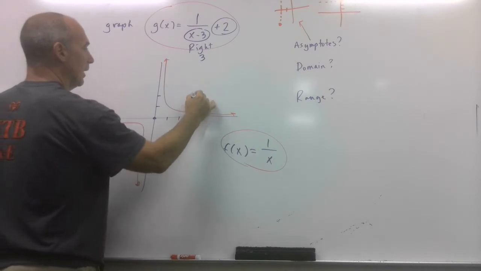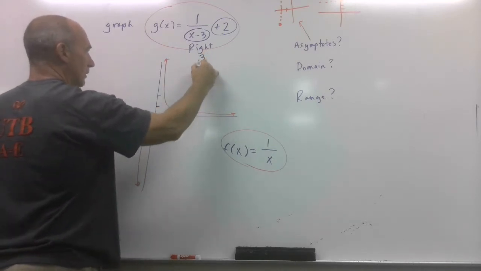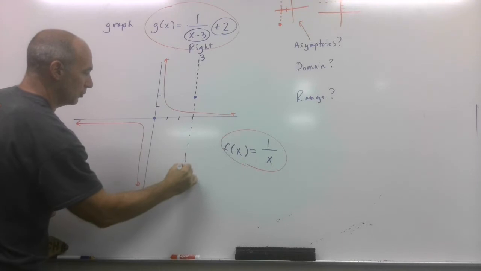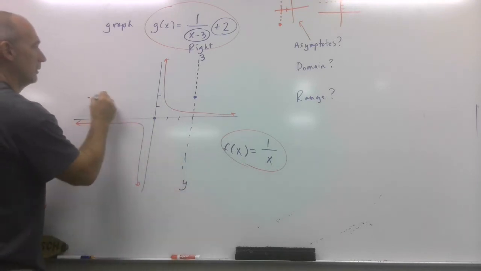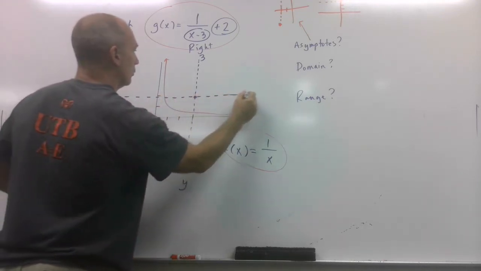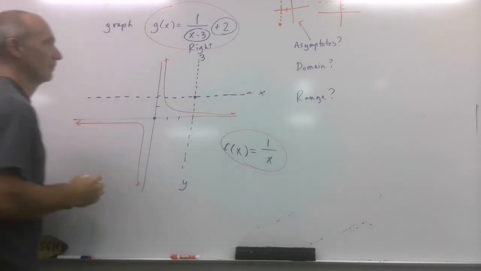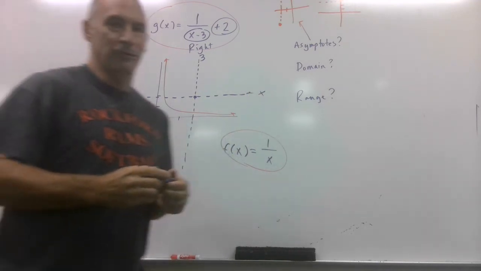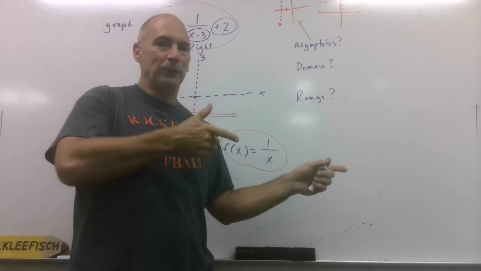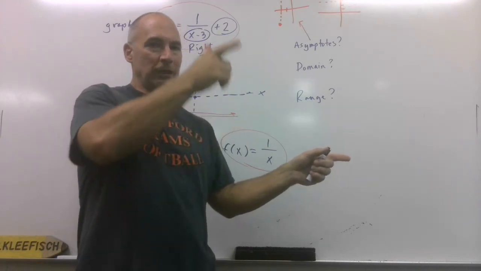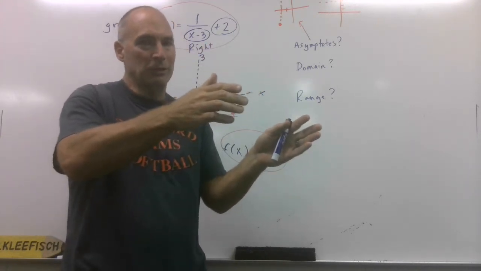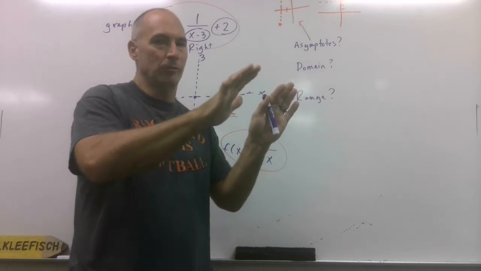Now in these crazy problems, I like to make a brand new y-axis and a brand new x-axis. It's like the crosshairs of a scope just got moved, 3 right, 2 up. So same picture though.